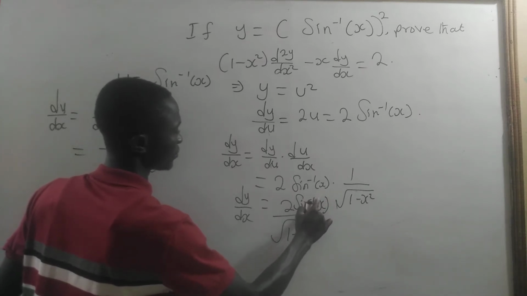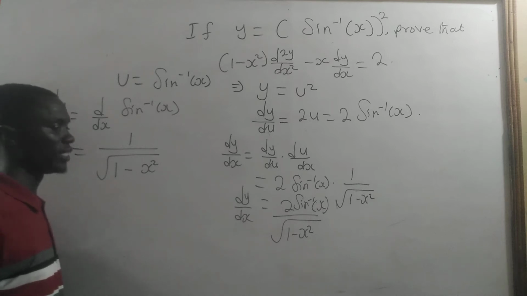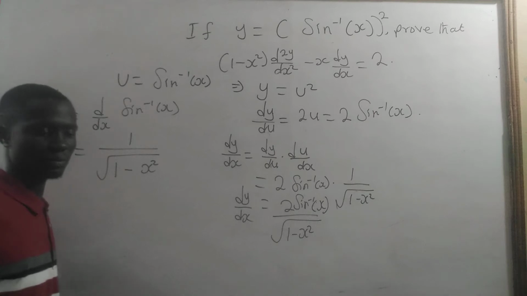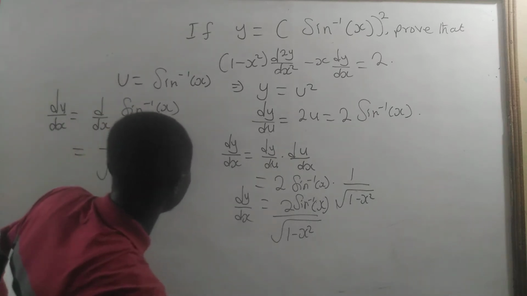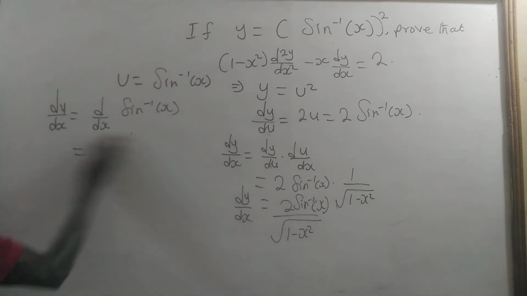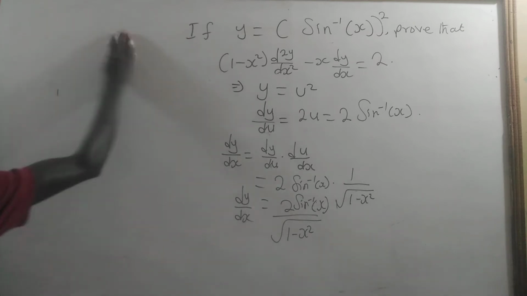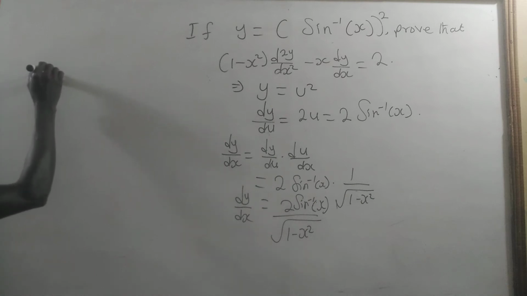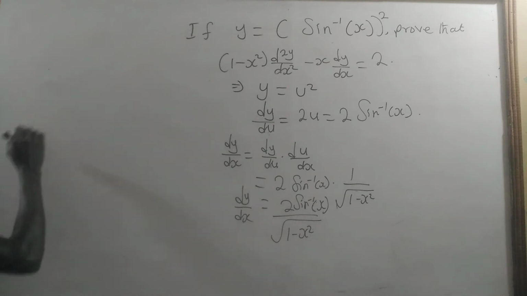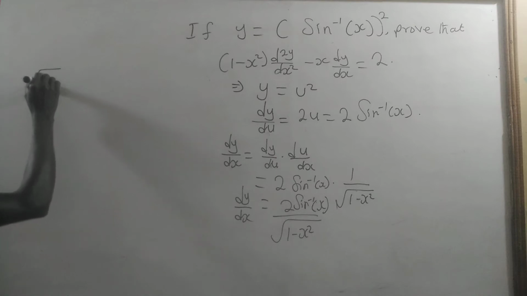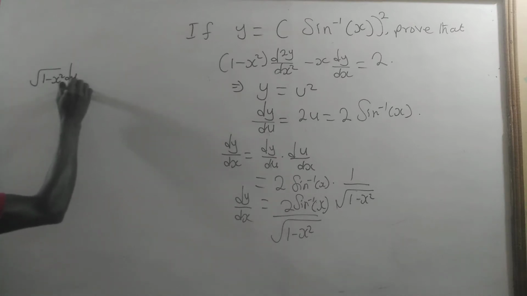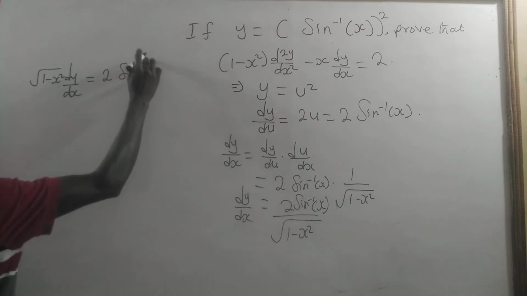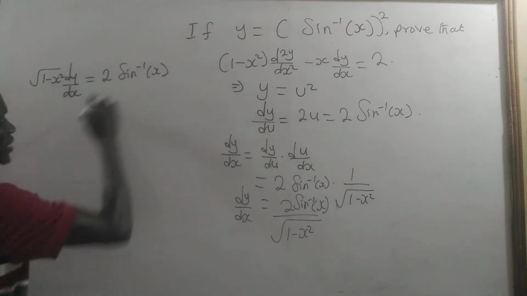To do this one, don't worry yourself using the quotient rule. Just clear the denominator. Simple. So let's clear the denominator. So, to clear the denominator, we have square root of 1 minus x squared times dy/dx equal to 2 times the inverse sine of x.